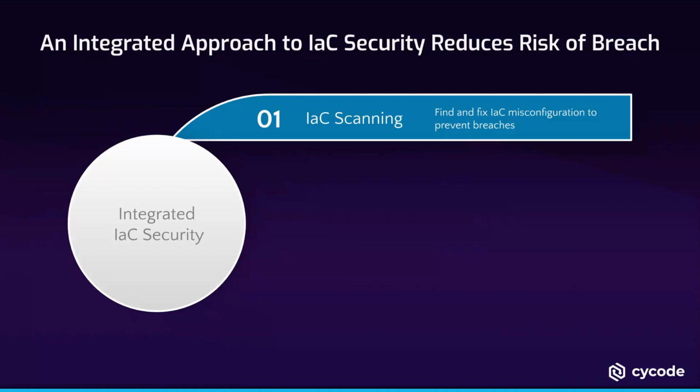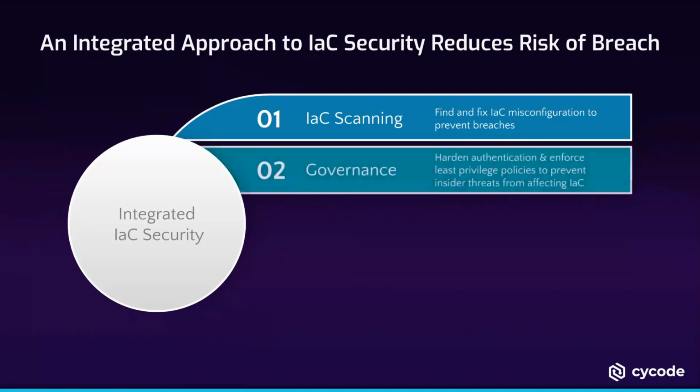To do that, there are several other angles you can take. The first is governance. What I mean by governance is implementing security best practices and security policies in a way that reduces risks to your environment. Some of the main things you can do here are hardening authentication, so implementing multi-factor authentication.